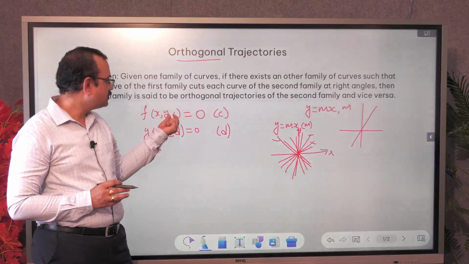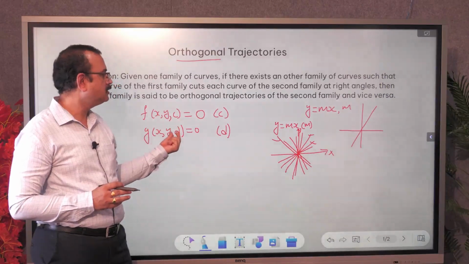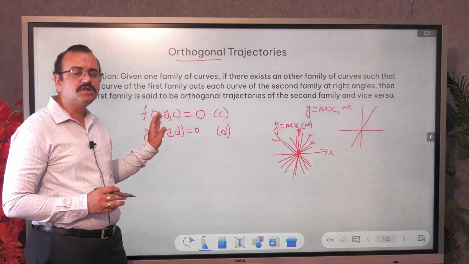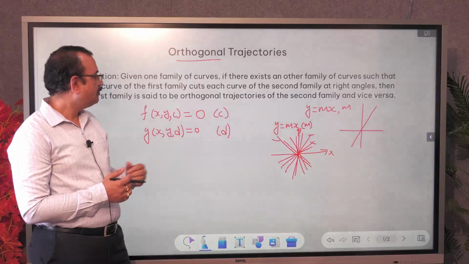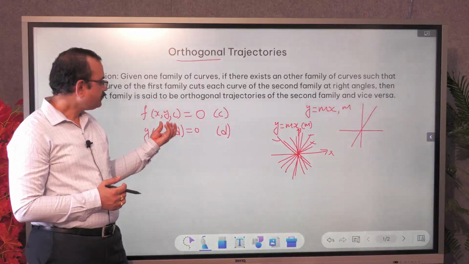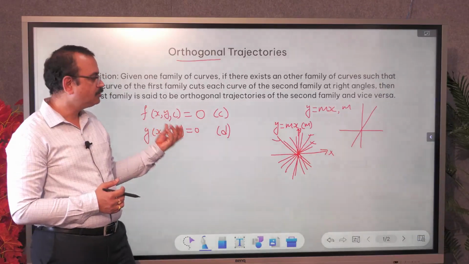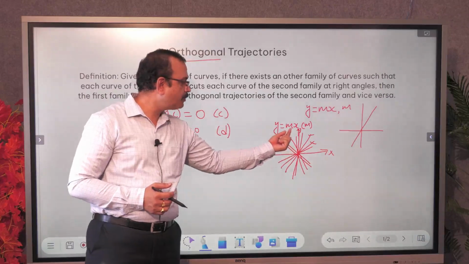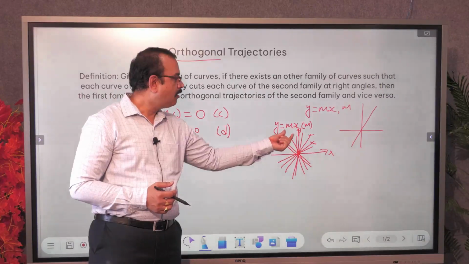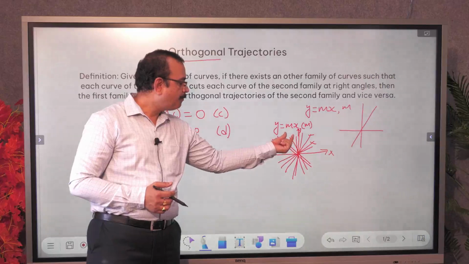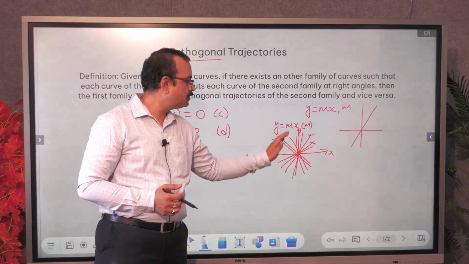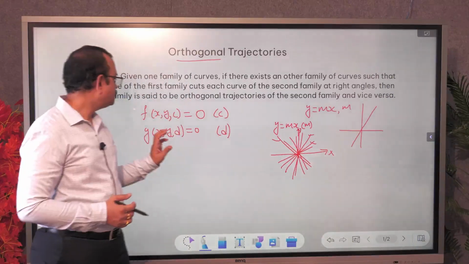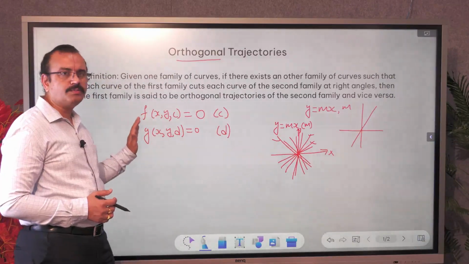A family of equations consists of an arbitrary constant. That is why this represents a family of curves, meaning infinitely many curves having a common property. In this example, the common property of all these straight lines is that they all pass through the origin. That is why they all come under one family. Similarly, here also we have two families.